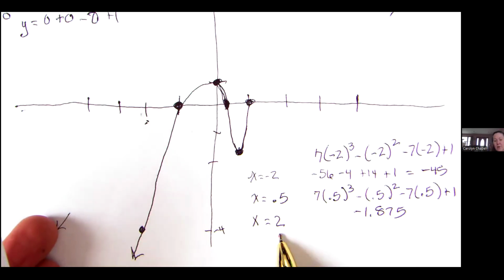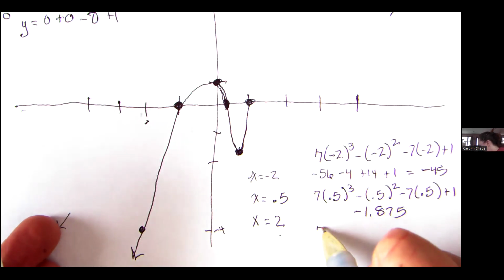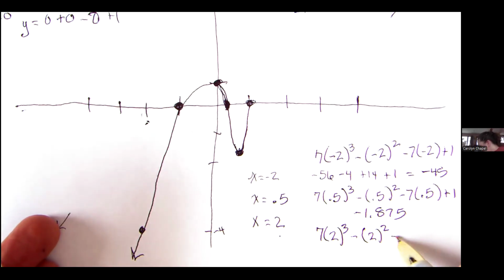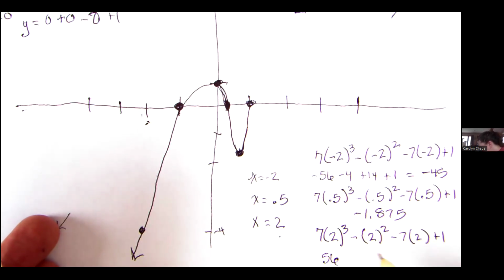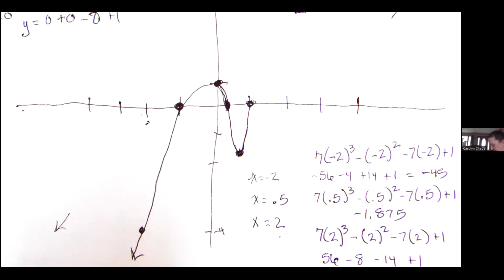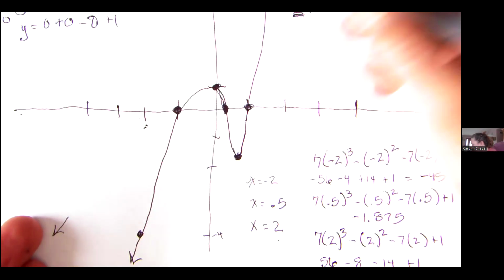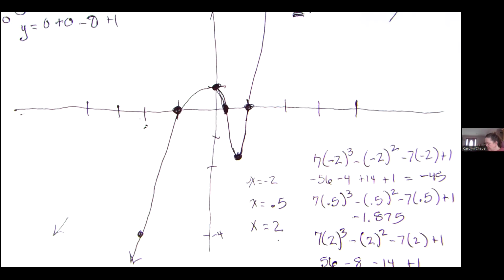But I'm also going to do x equal to 2. So 7 times 2 cubed minus 2 squared minus 7 times 2 plus 1. So 56 minus 8 minus 14 plus 1. Again, I'm going to use my calculator, and I get 35. So then it's going to shoot up there as well.